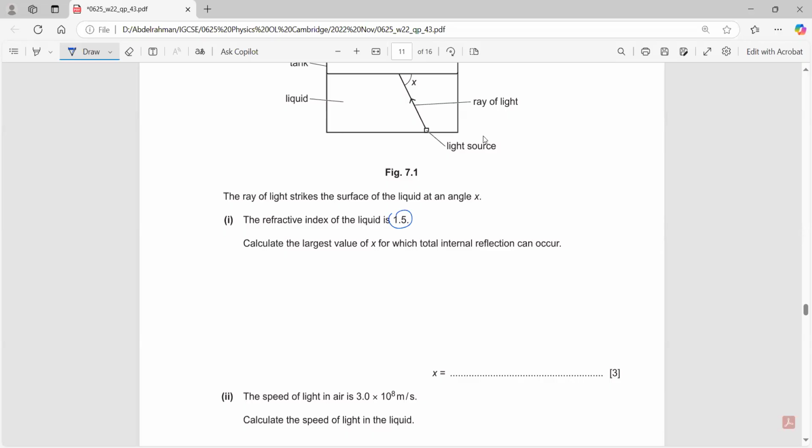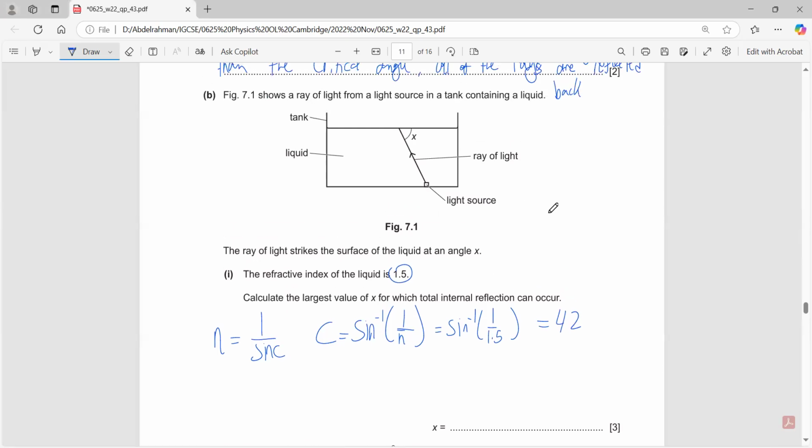Yes. n equals 1 over sine C. Therefore, C equals sine inverse of 1 over n, or basically sine inverse of 1 over 1.5. So this is the critical angle. The critical angle would be 42. So x is 42. Is that correct?